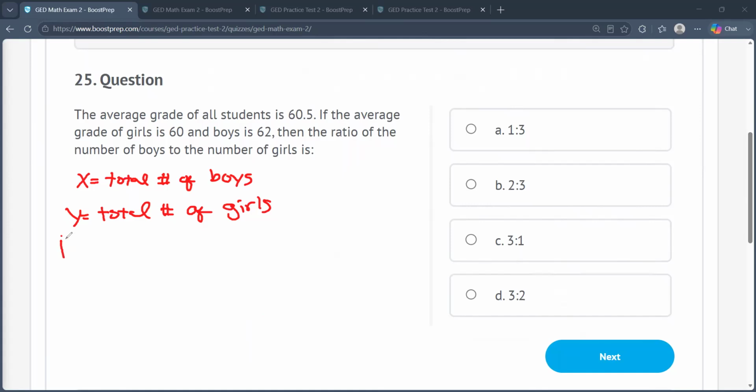And then we could say P equals, you can use any letters you like, I'm going to just use P, would be the sum of marks of all boys. And then Q is going to be the sum of marks of all girls.